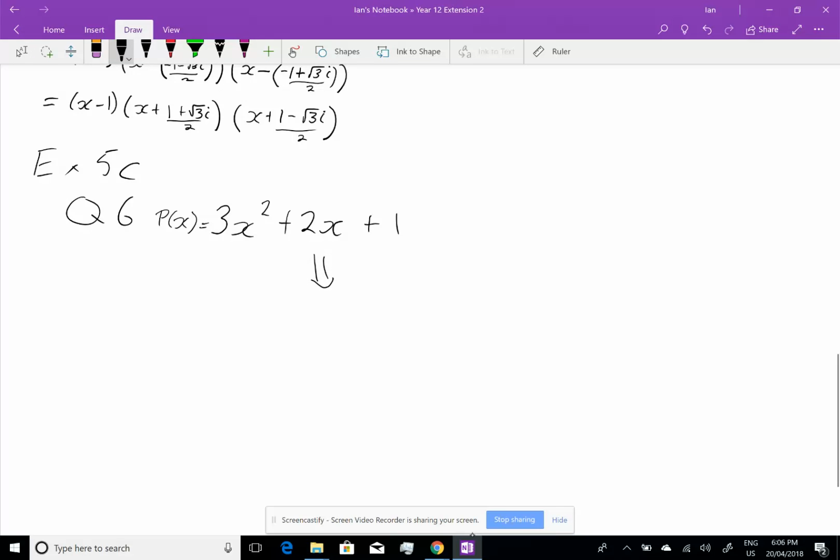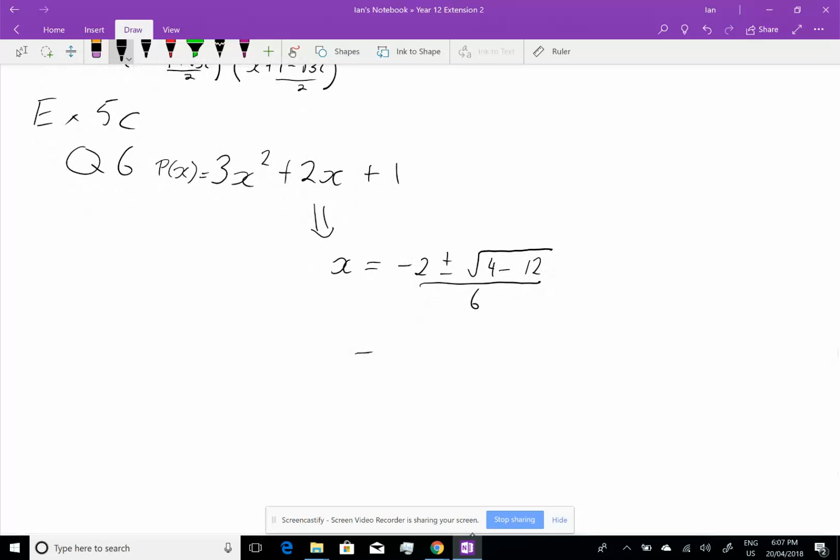So x equals minus b plus or minus the square root of b squared, which is 4, minus 4ac, 4 times 3 times 1 is 12, over 2a, which is 6. So that gives me minus 2 plus or minus root 8 negative over 6.